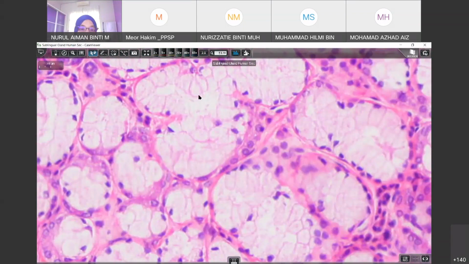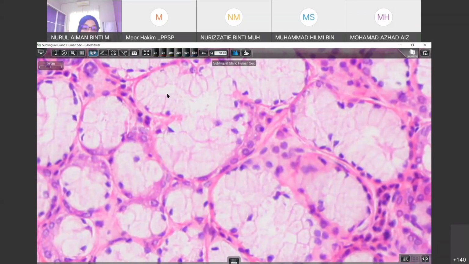Then you can see the nucleus is all at the base. The nucleus of this epithelium is at the base, but it is actually columnar type of epithelium which invaginates and turns into a different function, and then it's known by a different name.